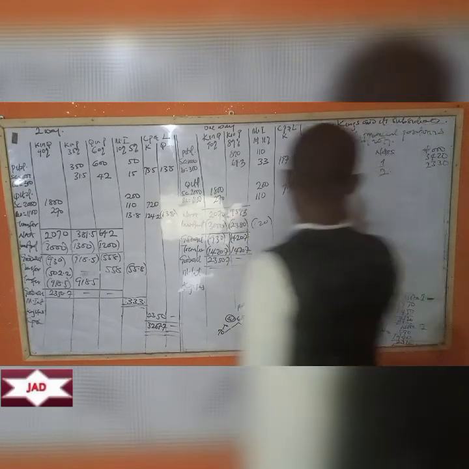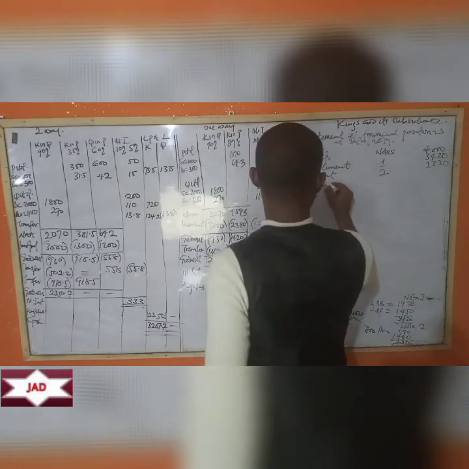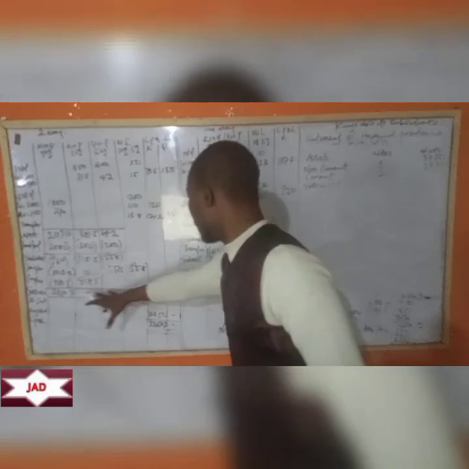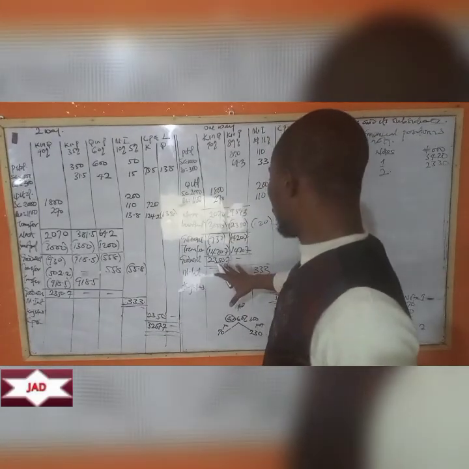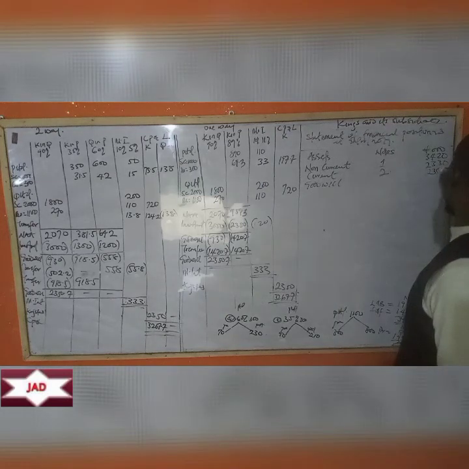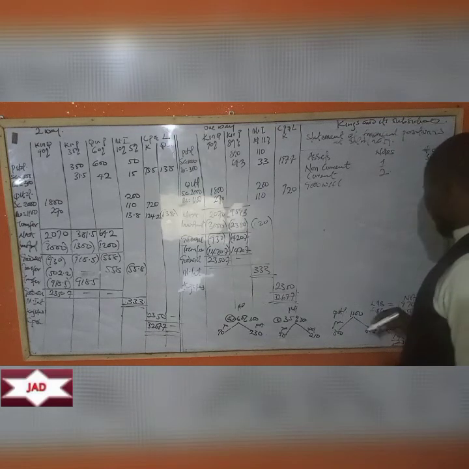So what's our goodwill? From the question we have 2350.7.